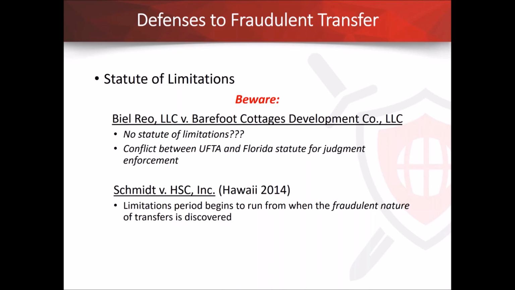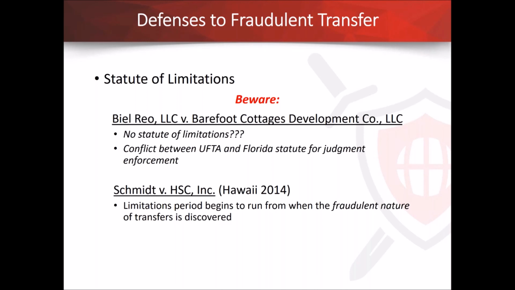In that case, the creditor had bank statements and some financial documents of a debtor, and knew that certain transfers had occurred, but couldn't tell the nature of the transfer. When they later figured out that these were transfers to insiders, and an argument came up that they were fraudulent transfers, it was well after a year from discovering the transfers, and well after 4 years from the date of the transfers.